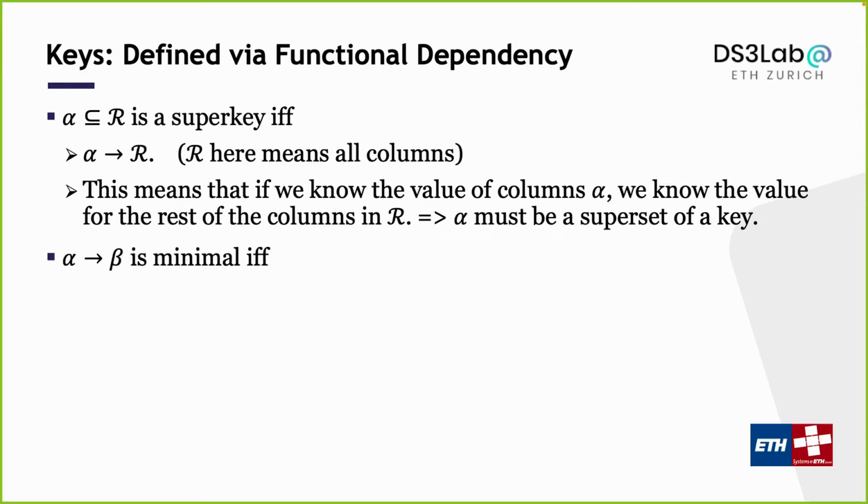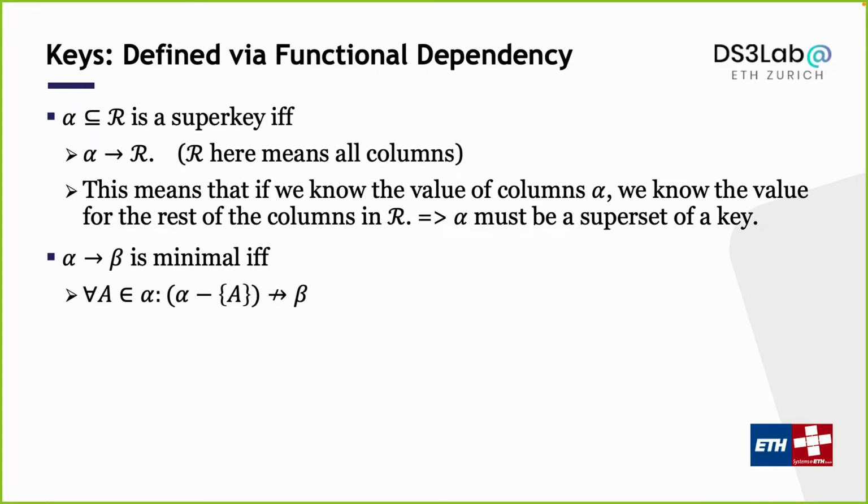Okay. So a second condition of something being a key is that it needs to be minimal, okay? It needs to be the smallest subset that uniquely defines a tuple, right? So what do we mean by minimal?